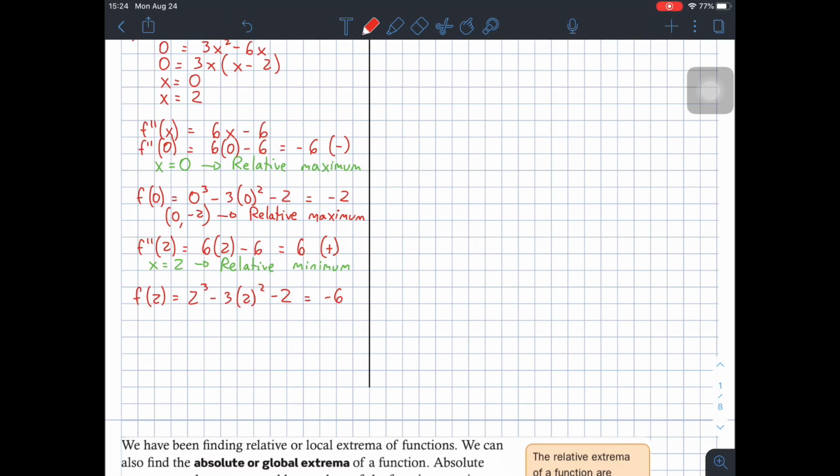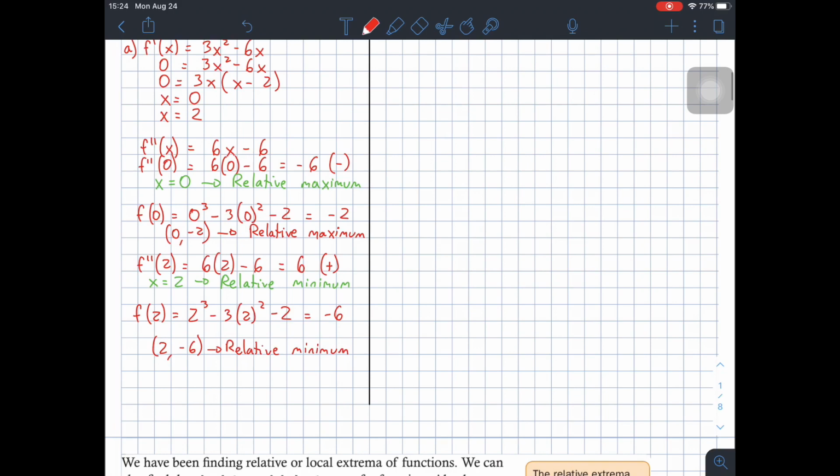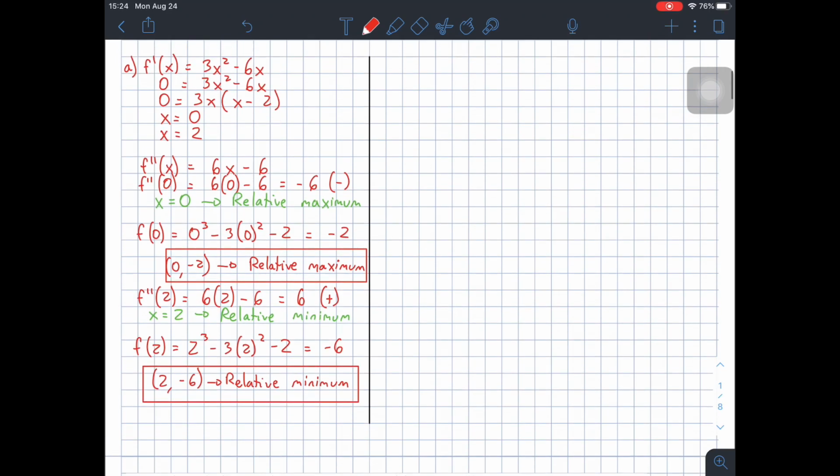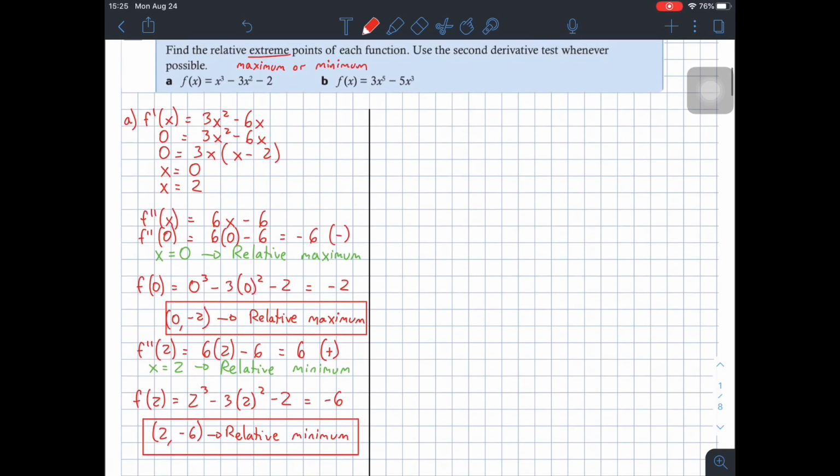That means that the point 2 comma negative 6 corresponds to a relative minimum point. Okay, so this would be, let me take this a little bit down. There. So with this method, we can more easily and more quickly find maximum and minimum points. Okay, let's see part B.